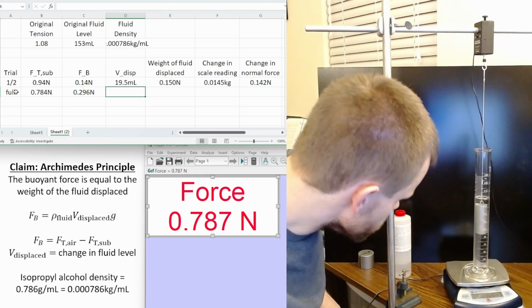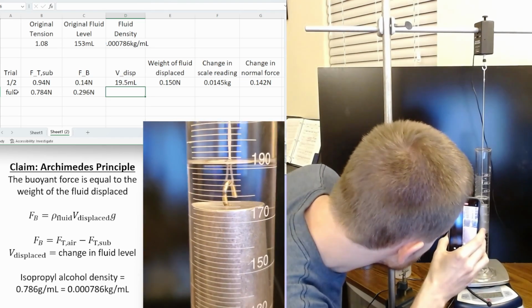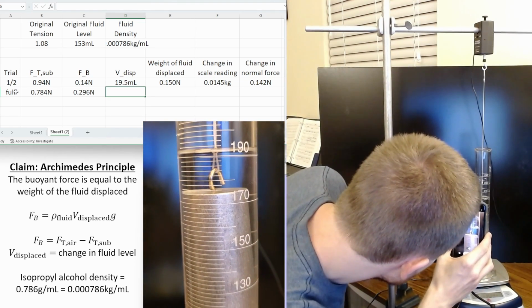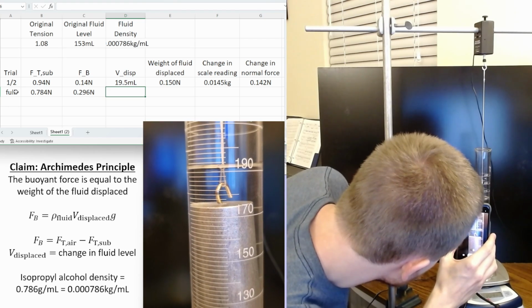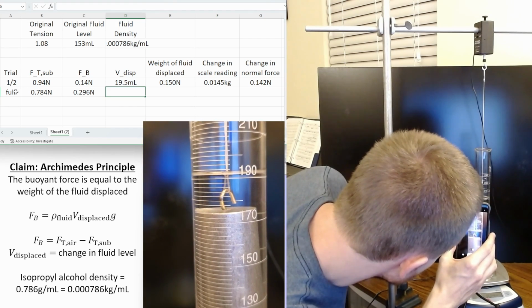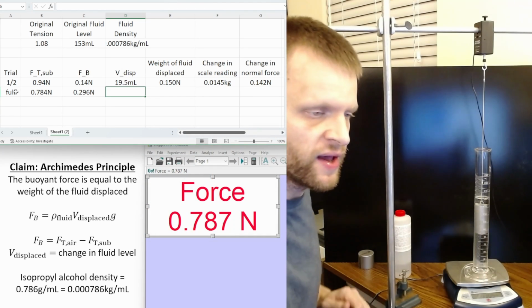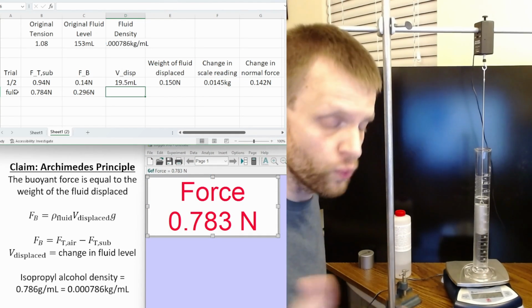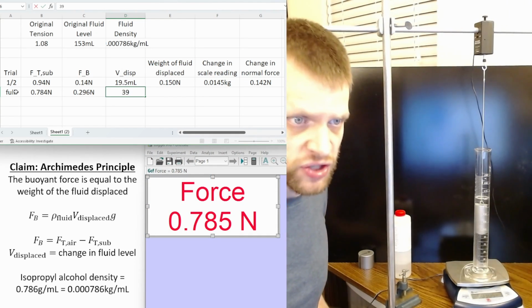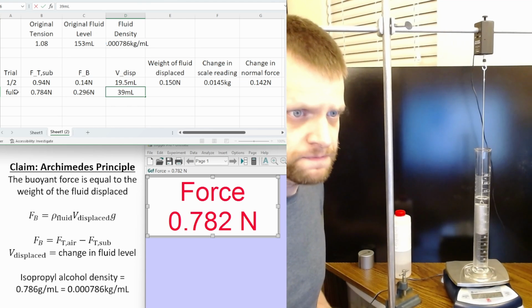Our new volume looks like it's right at 192 milliliters. So if we started at 153 and we're now at 192, that should be a difference of 39 milliliters.